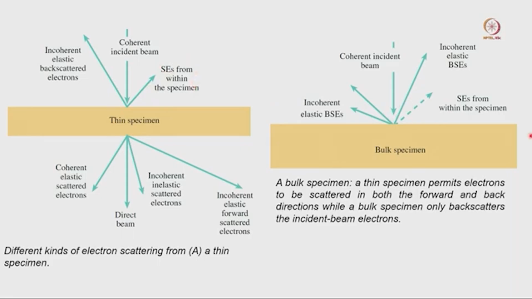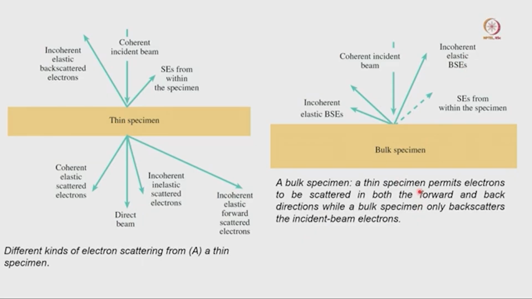If there is a very thick sample, what I mentioned is that the coherent incident beam will come and then bounce back or reflect back from the sample, and then we will get the secondary electron and the incoherent elastic backscattered electron beam, but we cannot get any transmitted electron beam because the sample is very thick.